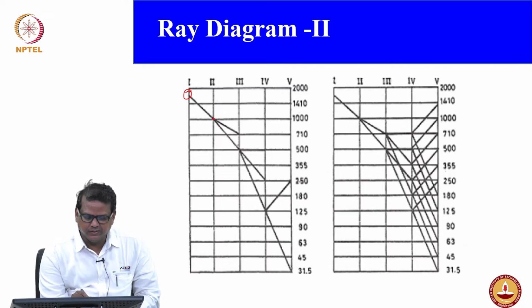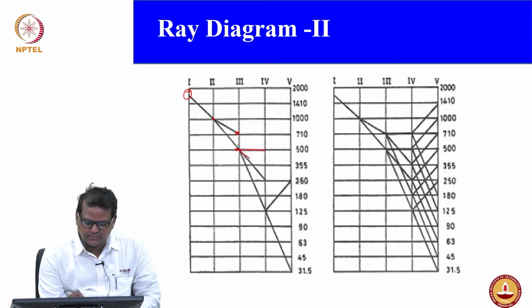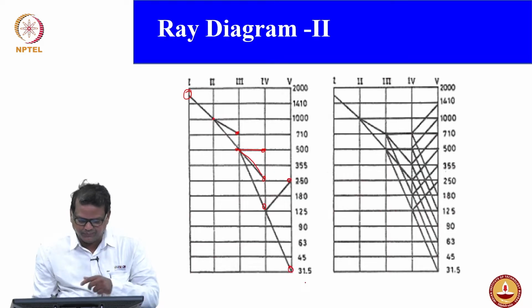From there, the speed is split into two, so you have two outputs at this point. Then you have three speeds, which are the output speeds to the second stage. From there again you go to two output speeds in the third stage.